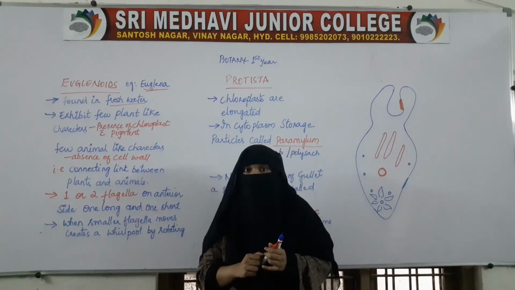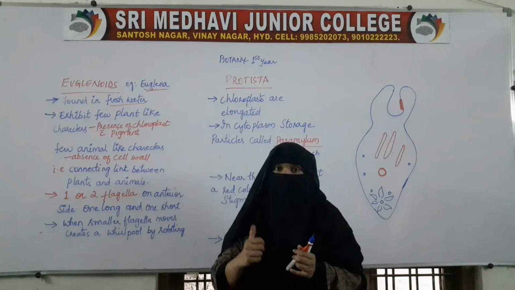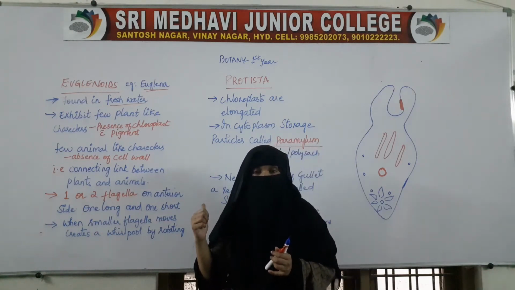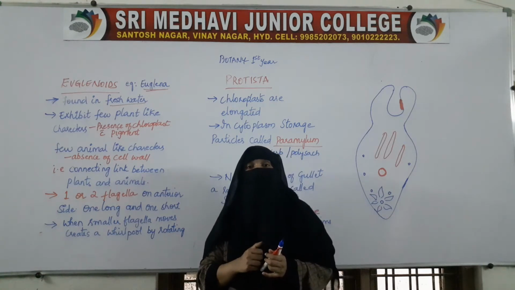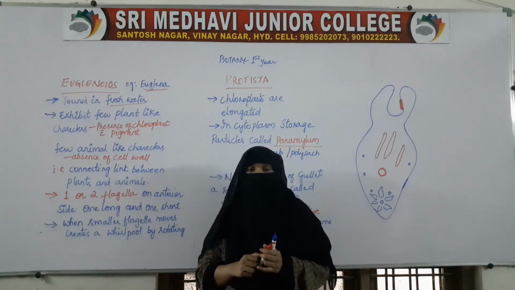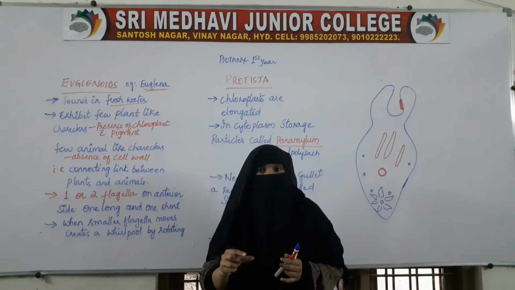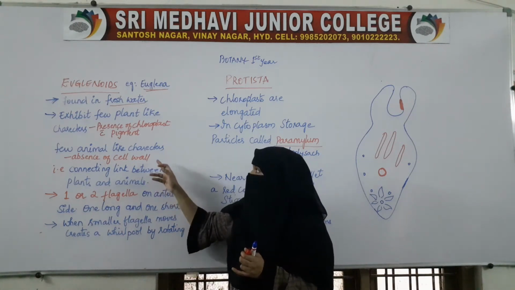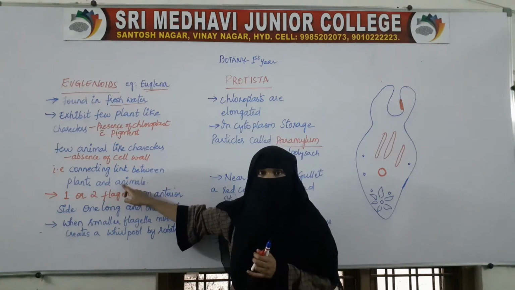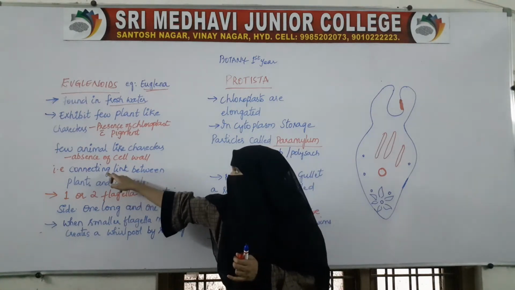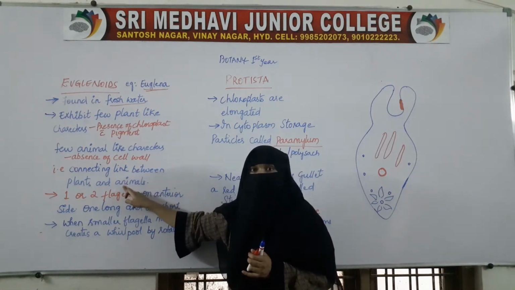That is why we say these Euglena possess a few plant-like characters and a few animal-like characters, and because of this property they are called the connecting link between plants and animals. Why are they called the connecting link?